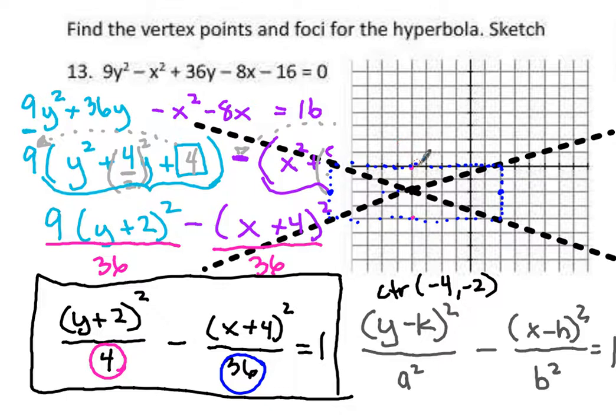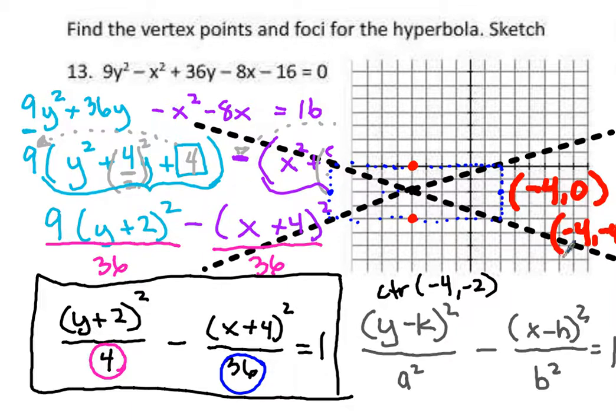Because it's y squared minus x squared, it's going to open up and down, and this is one of my vertices. So when it says find the points for your vertices, this point here is -4, 0. That's one of my vertex points. And this point down here looks like -4, -4.